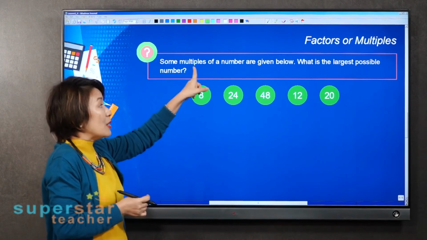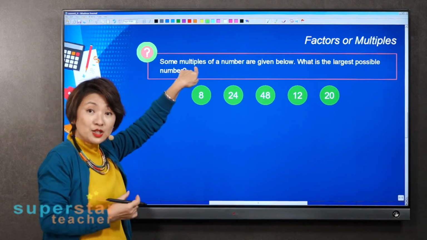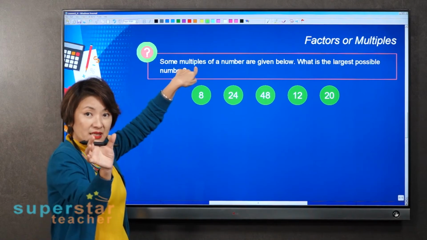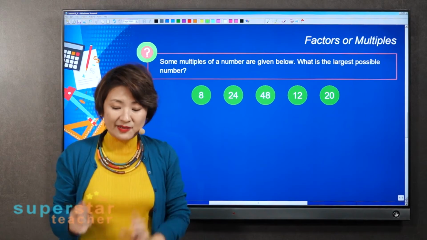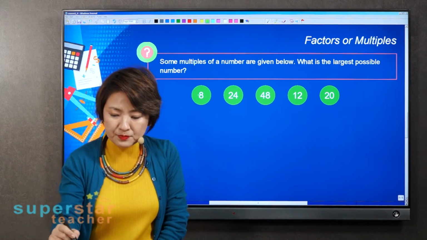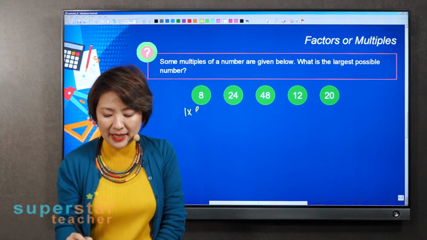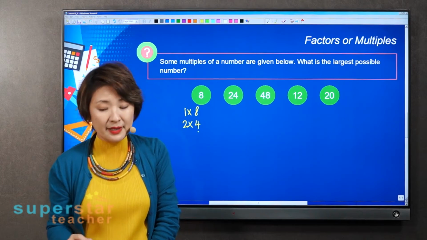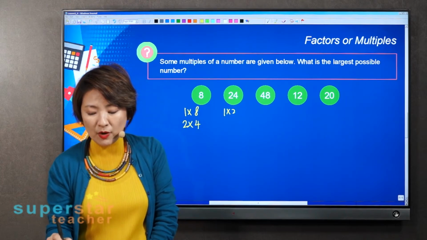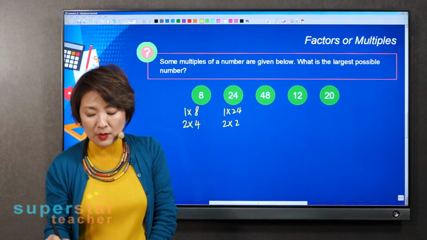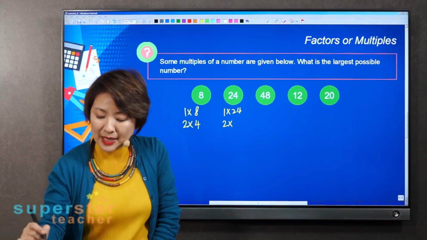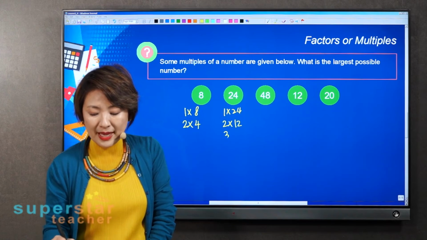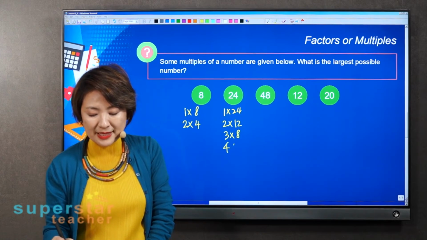They ask you for multiples, am I right? But remember I said they are interrelated. So if I take this number and find the factors, I will have 1 times 8 and 2 times 4. This is 1 times 24, 2 times 12, 3 times 8, 4 times 6.